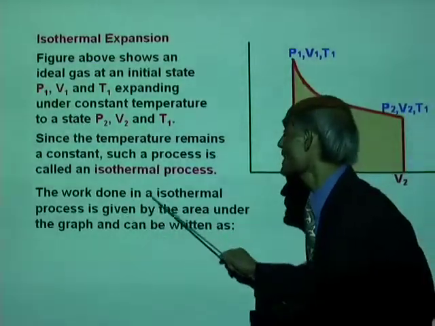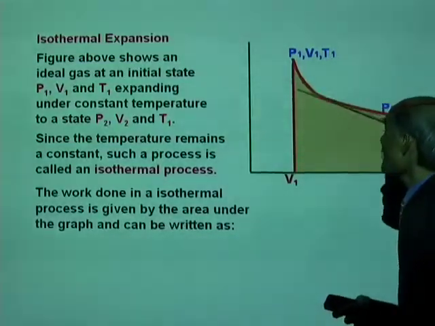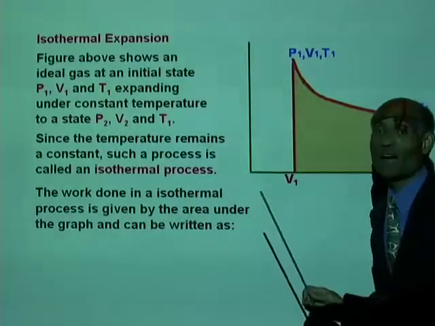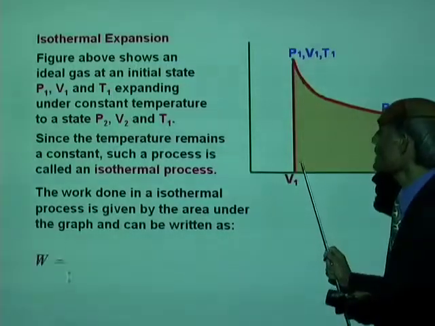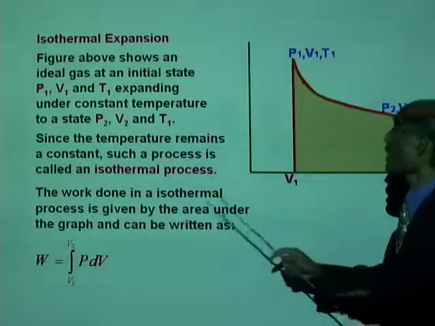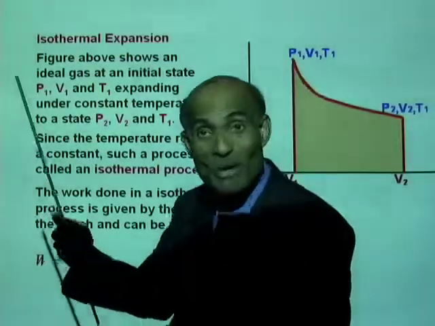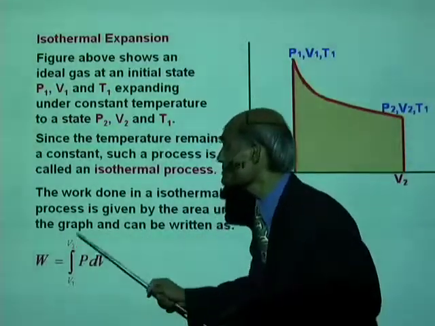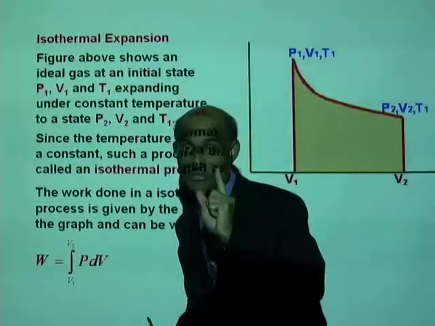The work done in an isothermal process is given by the area under the PV diagram, and I can write it as, how can I write it? It will be integral V1 to V2 of PdV. Well, the same equation. Work done is integral V1 to V2 of PdV. But what is the difference?